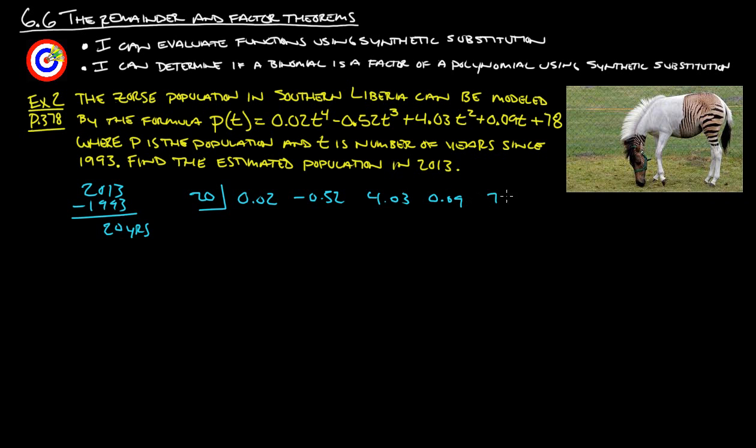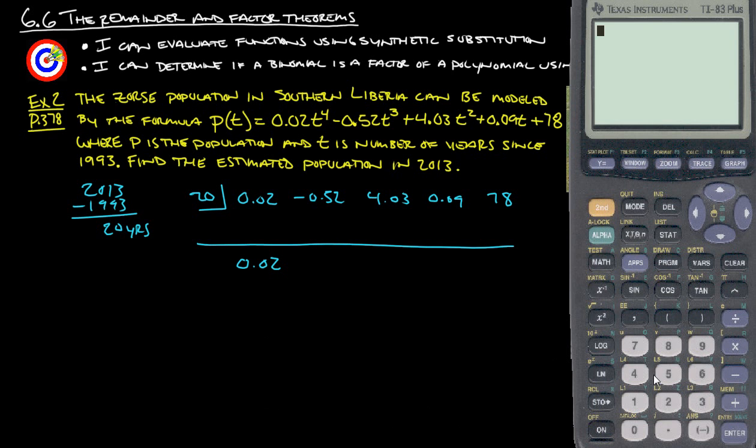And again, we're just going to do our synthetic substitution. Whatever we get for our remainder would be our answer. So we bring the 0.02 down, and then we're going to multiply that by 20. So 20 times 0.02 gives us 0.4.